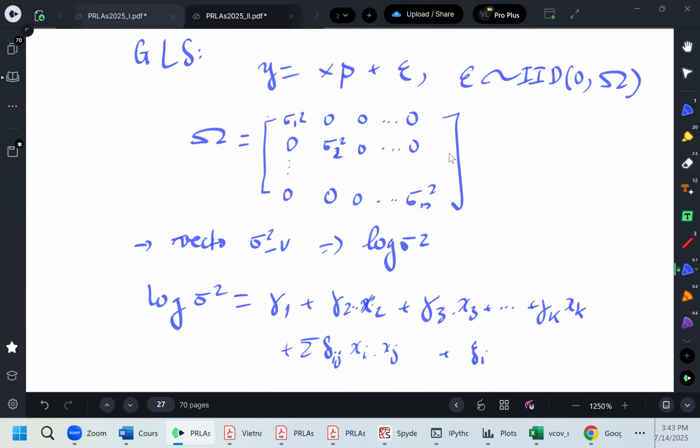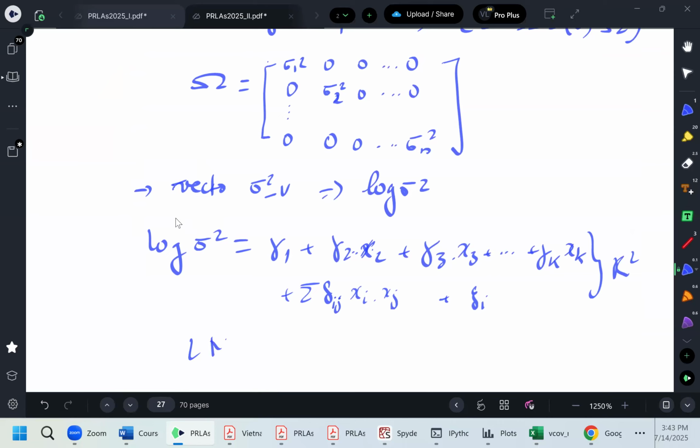Now normally in books like by Wooldridge, they run this regression and they get the R square, okay? And they will compute the LM equal to n times R square. And this one is asymptotically distributed as chi-square with 1 degree of freedom.